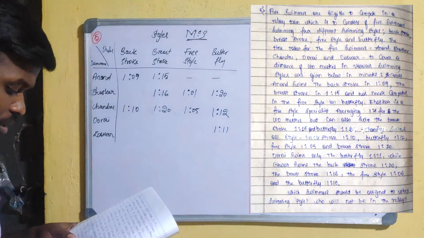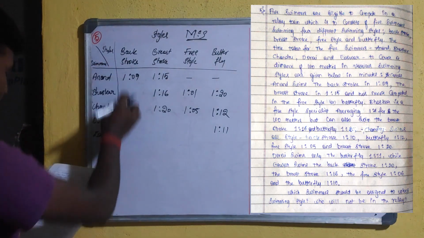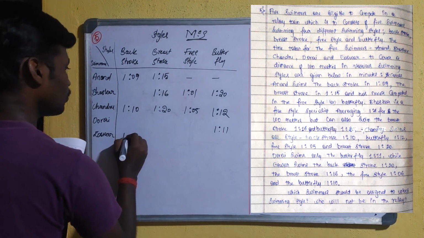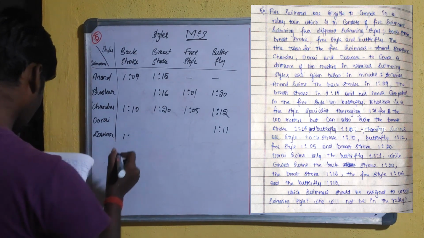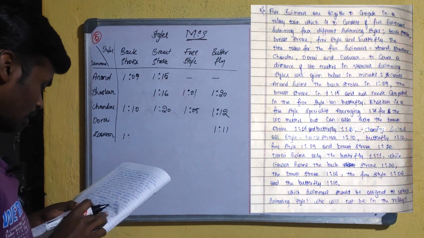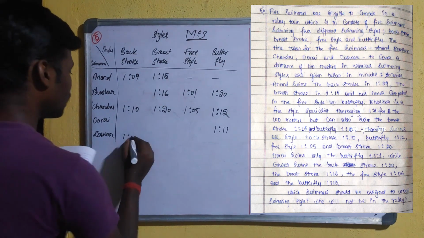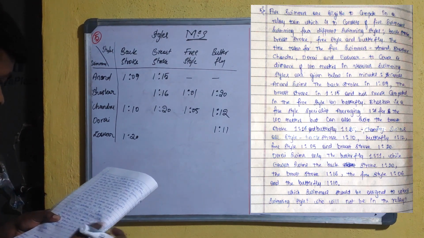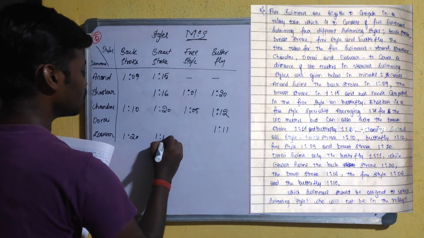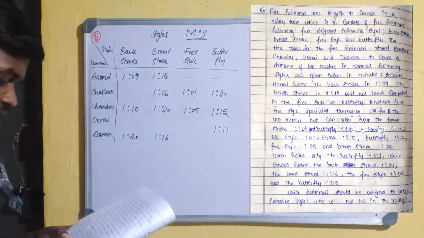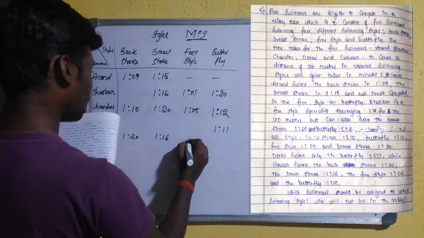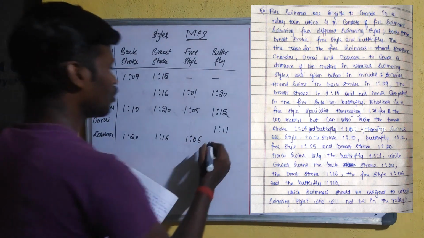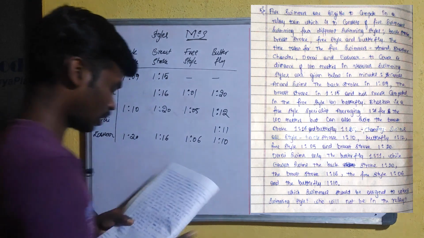While Ishwar swims the backstroke in 1 minute 20 seconds, the breaststroke, the second style, in 1 minute 16 seconds, the freestyle, the third style, in 1 minute 6 seconds, and the butterfly in 1 minute 10 seconds.